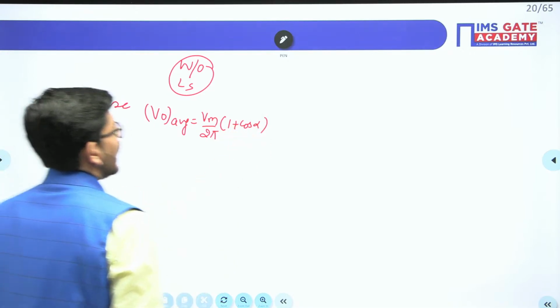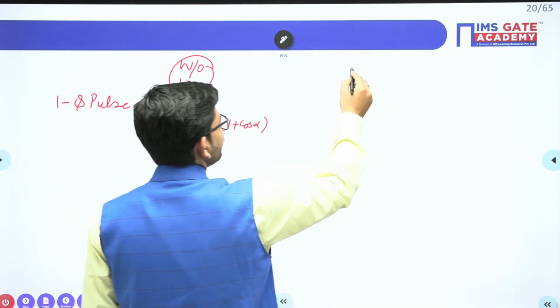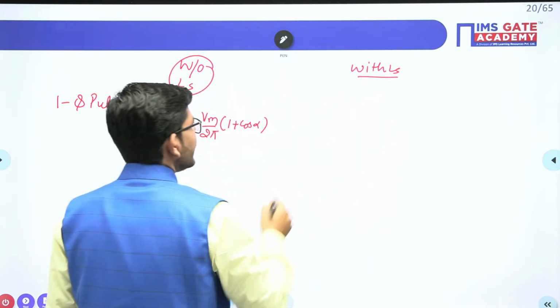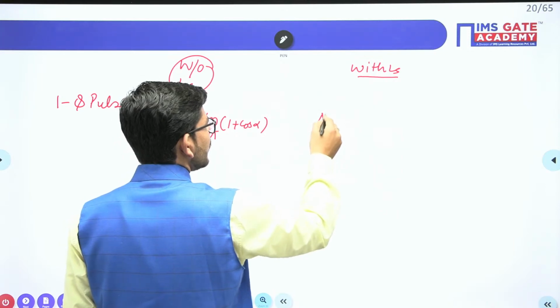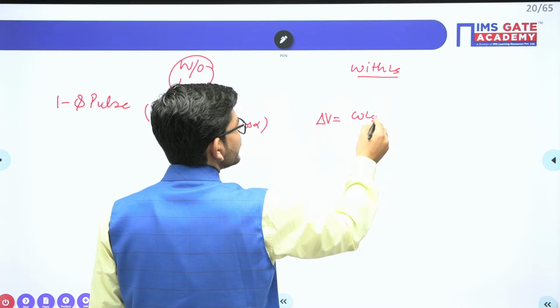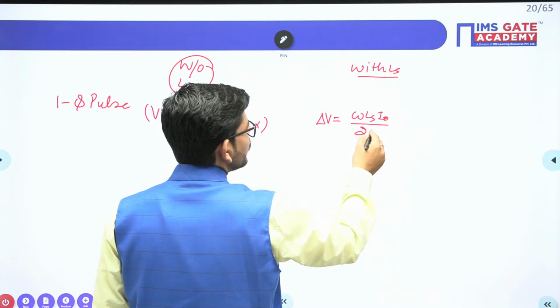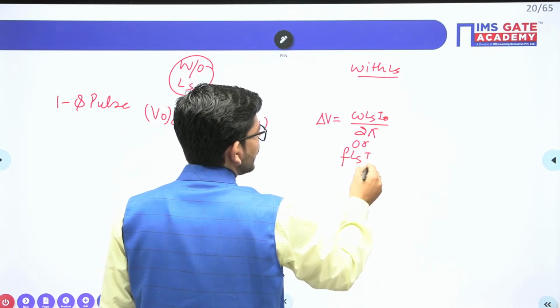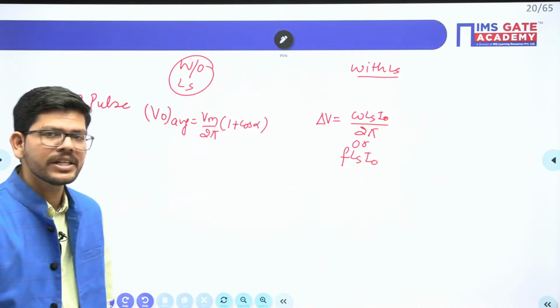If you consider the effect of LS, there is a reduction in this output voltage, and that reduction is given by omega LS I naught upon 2 pi, or F LS I naught. This is the reduction factor.